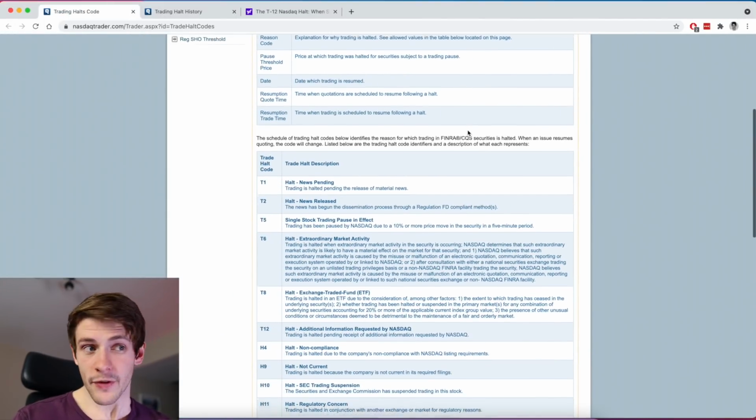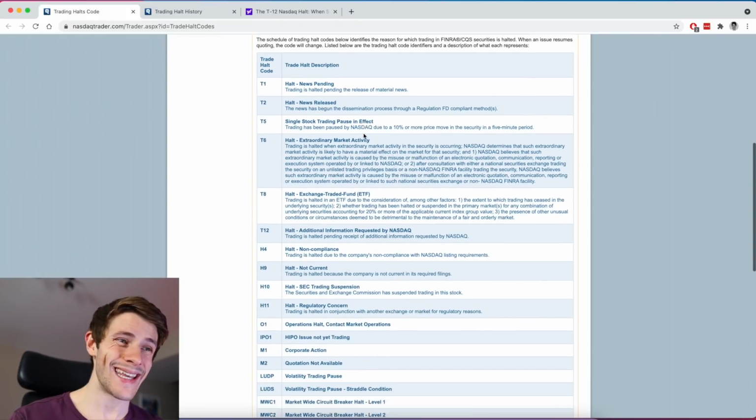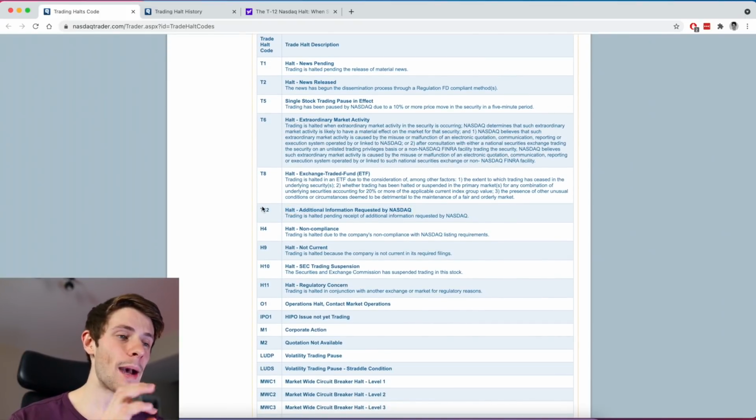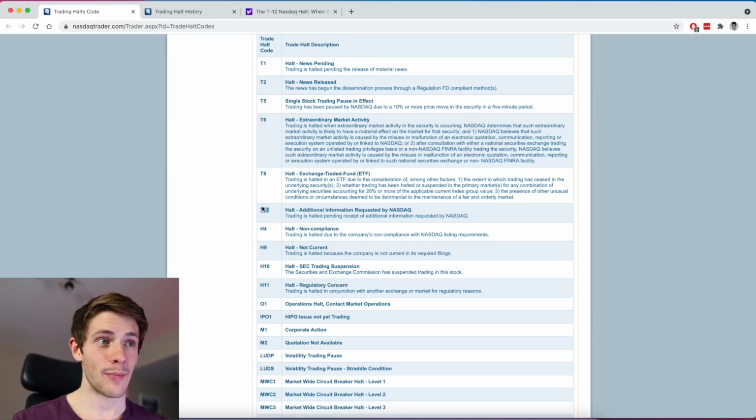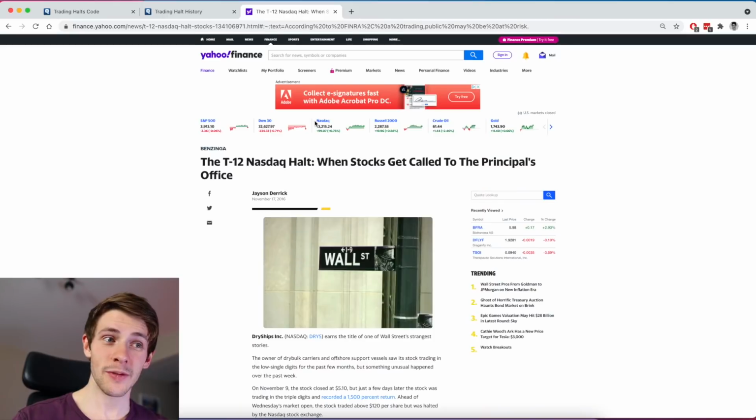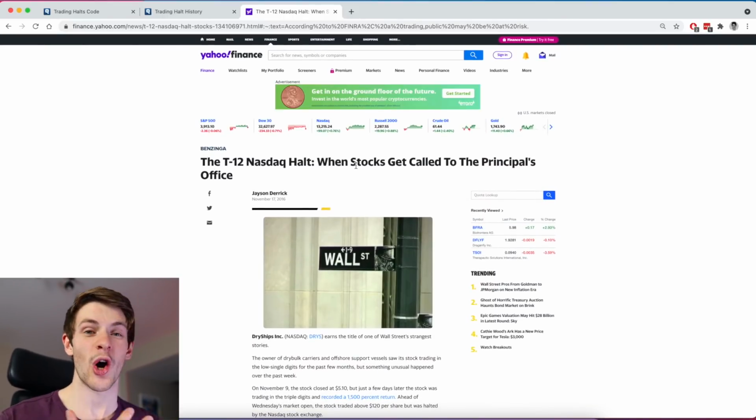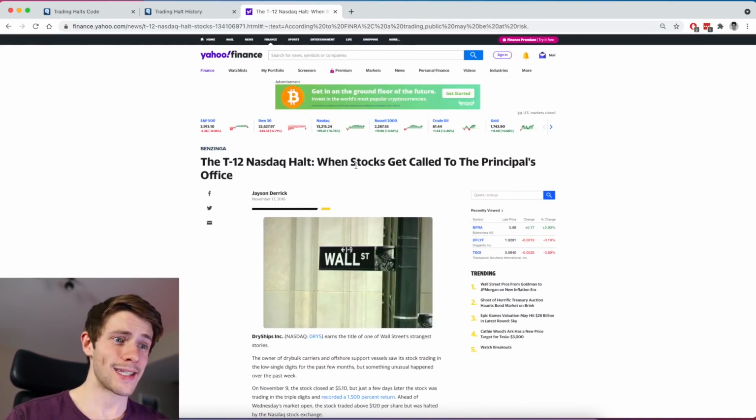The last one I want to talk about is the T12 halt, and this is the absolute scariest halt if you are in a stock, because basically a T12 halt is when a stock gets called to the principal's office. Now, what does that mean?